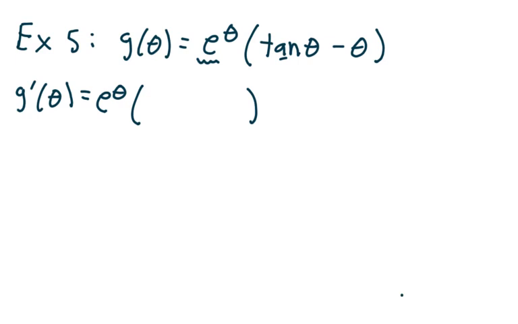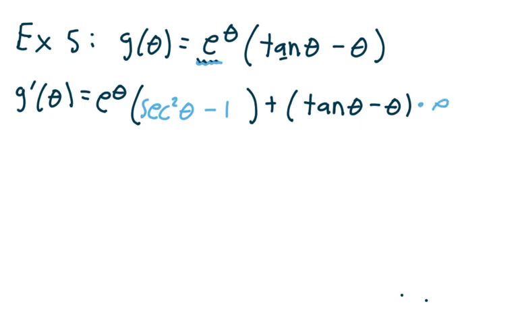If I take the derivative of tangent theta minus theta, I get secant squared theta minus 1. Okay? And then I'm going to write down the second function, which is tangent theta minus theta, and I'm going to multiply times the derivative of the first function, which is e to the theta. And the derivative of e to the theta is e to the theta.